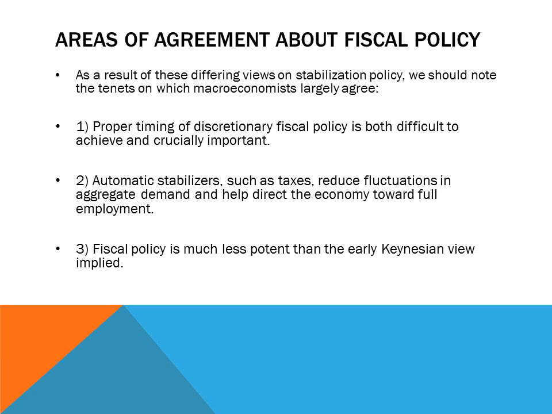And finally, fiscal policy is much less potent than the earlier Keynesian view implied as a result of the crowding out theory and the idea that individual actors will anticipate higher future taxes and therefore won't increase their consumption in the present period.